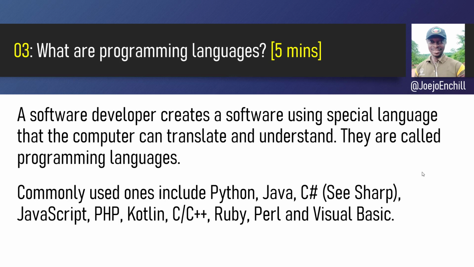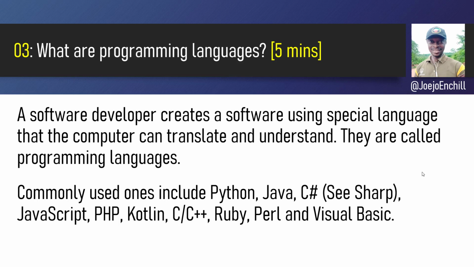This is to say the computer has a language that it understands. Humans also have languages that they understand. Now, there exists in between the computer language and the human language another set of languages that humans can easily create, and the computers can also take and translate into their own language and understand.